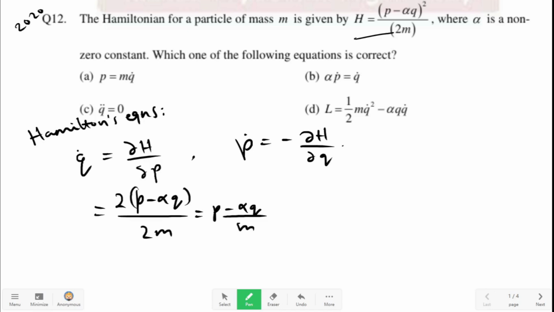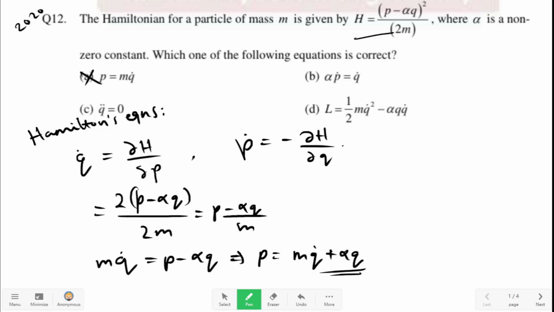So from here we get q dot times m is equal to p minus alpha q. This implies p is equal to m q dot plus alpha q. Therefore the first option is wrong because p is coming out to be m q dot plus alpha q. So from the first equation we got option A to be incorrect.